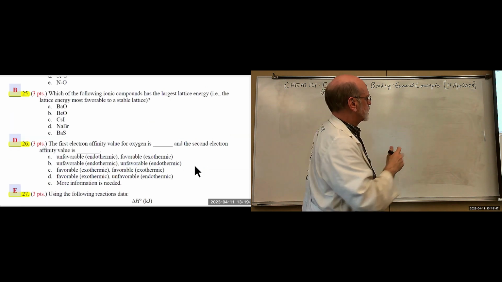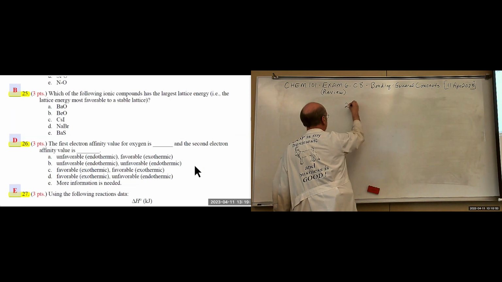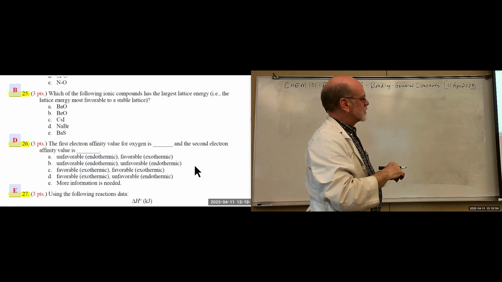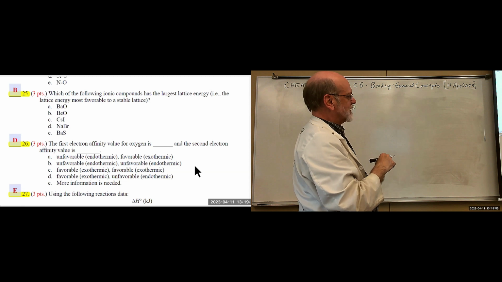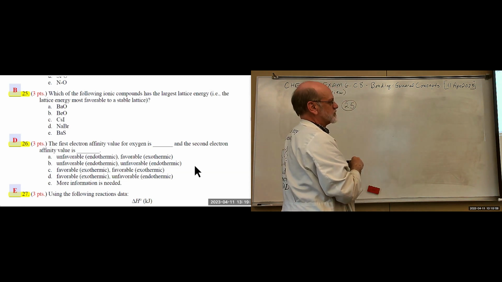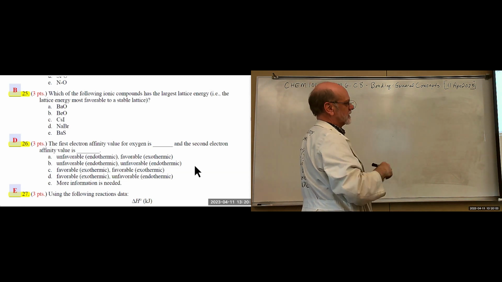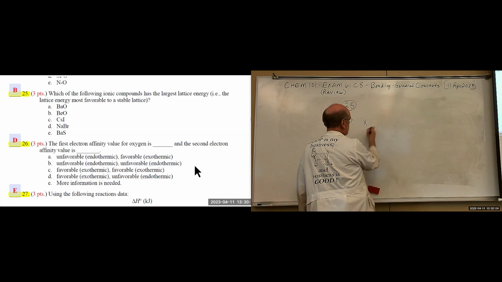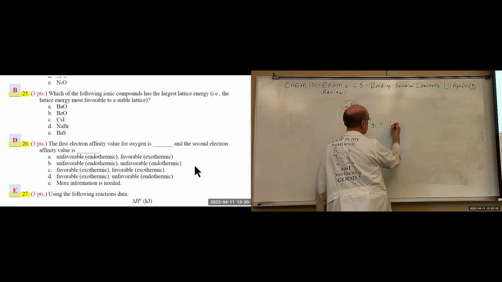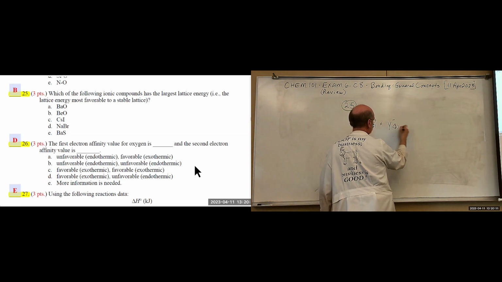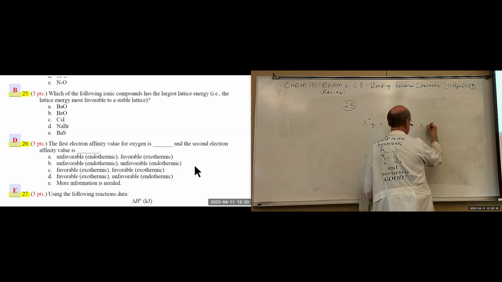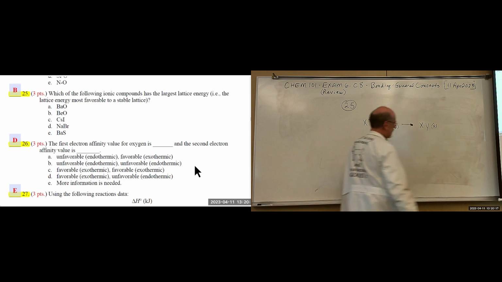Let's see, 25. Which of the following ionic compounds has the largest lattice energy? The lattice energy is most favorable to a stable lattice. So remember how we form the lattice energy? You have the gaseous cation and the gaseous anion, and they meet and form the ionic solid.